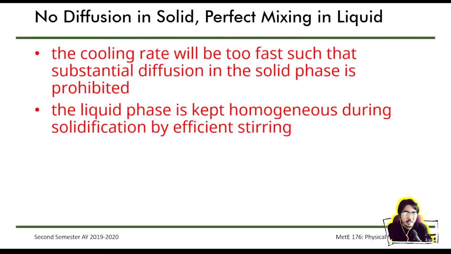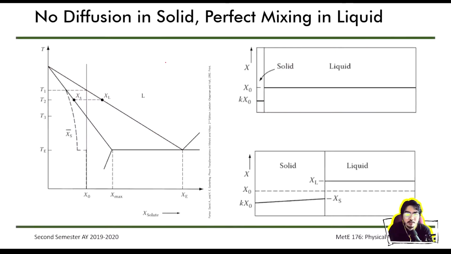Now, when we have no diffusion in the solid and perfect mixing in the liquid, this will be the behavior. If you look at it, you start off with C with a small amount of K. So you start with a small amount of solid. Then as you grow it layer by layer, you'll notice that this XS, your solid, is getting progressively richer.